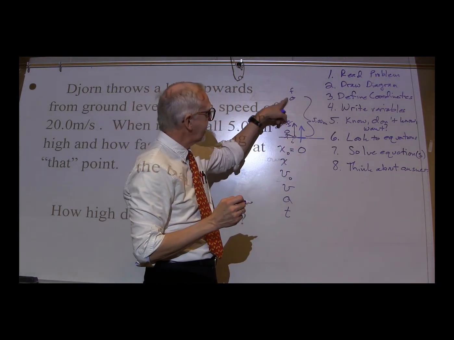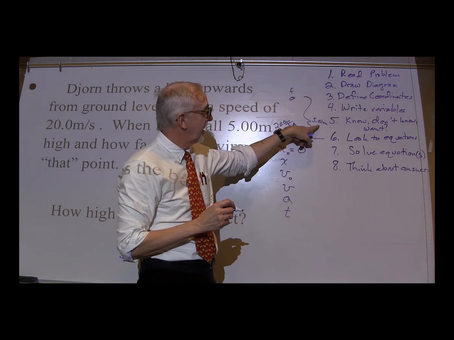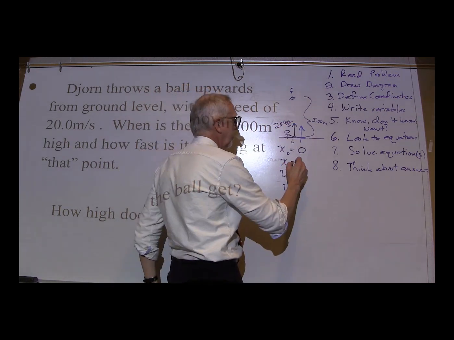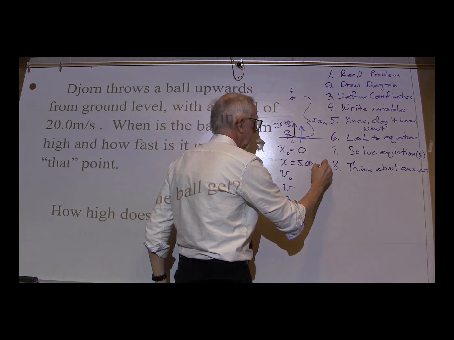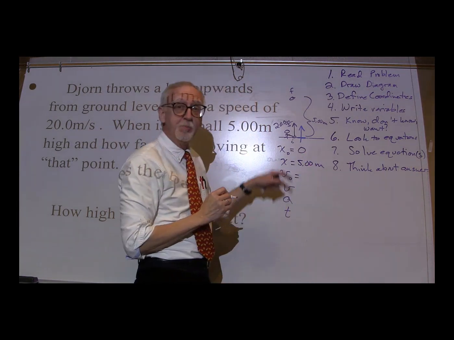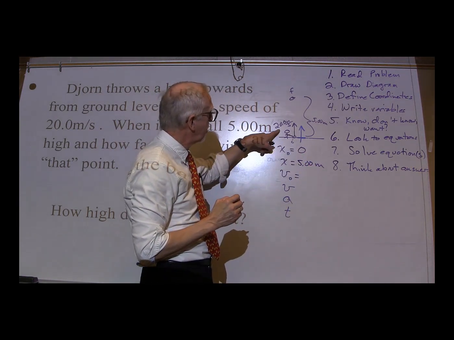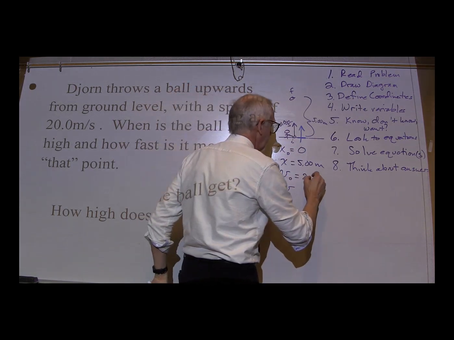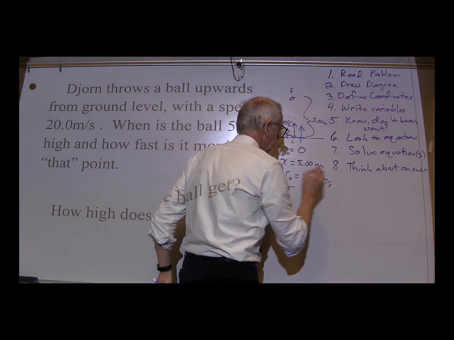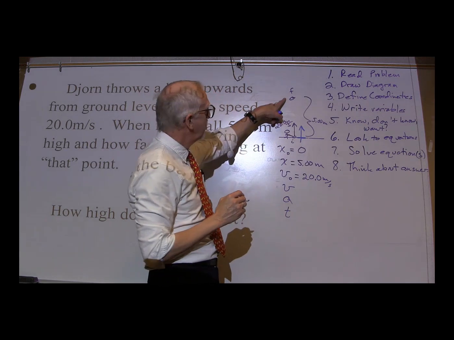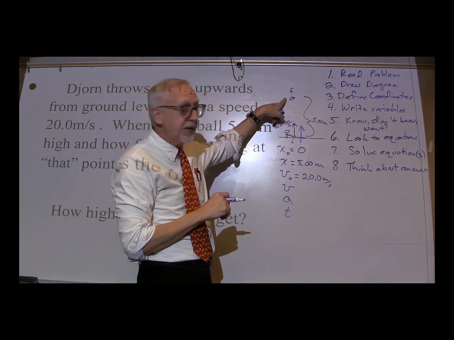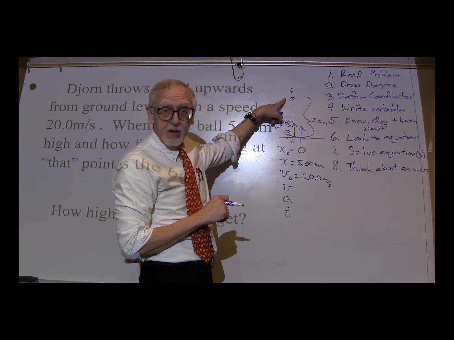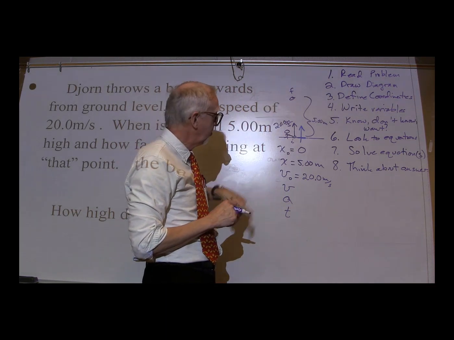Final height? Well, actually, in this case, we know x. The final height is 5 meters. v naught, what's the speed initially? We're told 20 meters per second. Final speed, what's the speed up here? Well, we have no idea. We don't know what the ball is doing up at that point, so we don't know v.